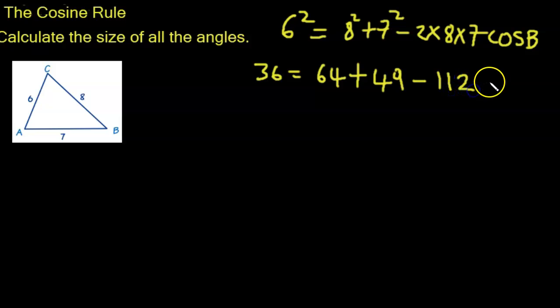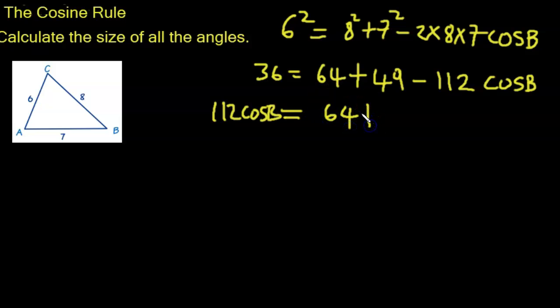So 112 cos B. Well, remember, for you to find the value of B, you need to work out cos B first, right? So we can do some transposing. Negative 112 cos B becomes positive 112 cos B here. And we group the 64 plus 49 with all the other constants. The constant over here is 36, so when we group it, it becomes minus 36.